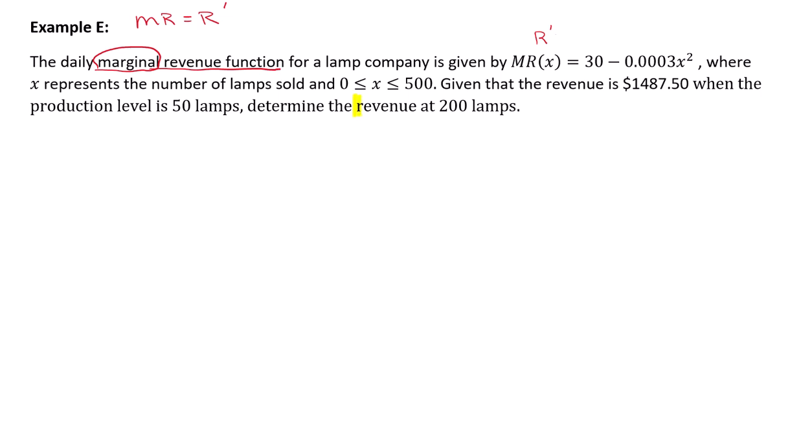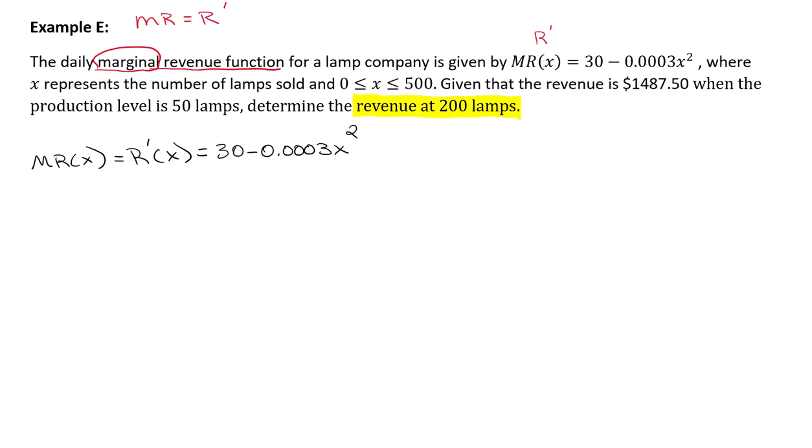So what are they asking us to find? Revenue, not the derivative of the revenue, but the revenue. And a hint is also it's 200 lamps. We can say that the marginal revenue of x, which is the same thing as the derivative of the revenue function, is 30 minus 0.0003 x squared.